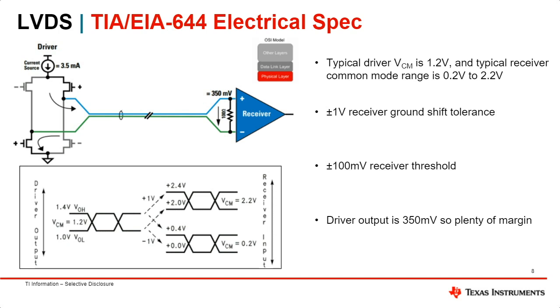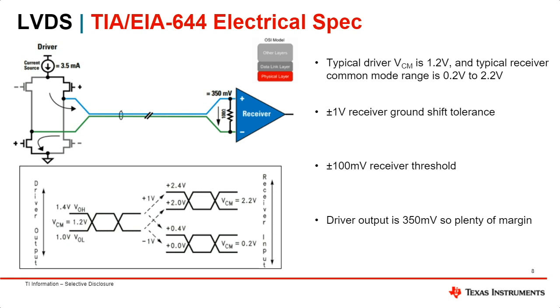And if the signal is less than a negative 100 millivolts, there will be a logic low on the output. Because the differential voltage on the driver is 350 millivolts, you have plenty of margin compared to a 100 millivolt receiver threshold. So even though the differential voltage is very small, you get good noise margin through the electrical specification.